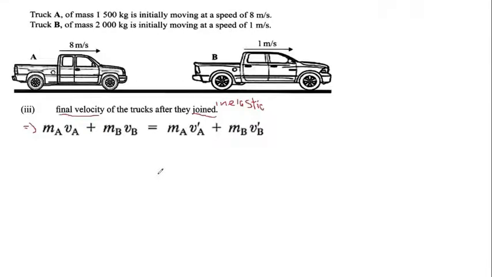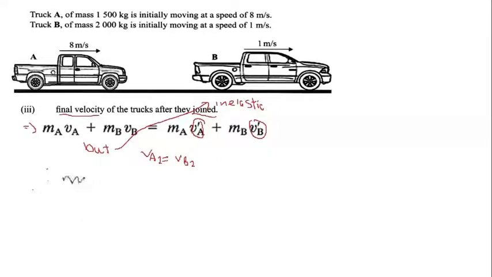So what we're interested in finding is V2A and V2B. But since this is an inelastic collision, we know that VA2 is equal to VB2, and so I can rewrite my formula by factoring out the common final velocity.